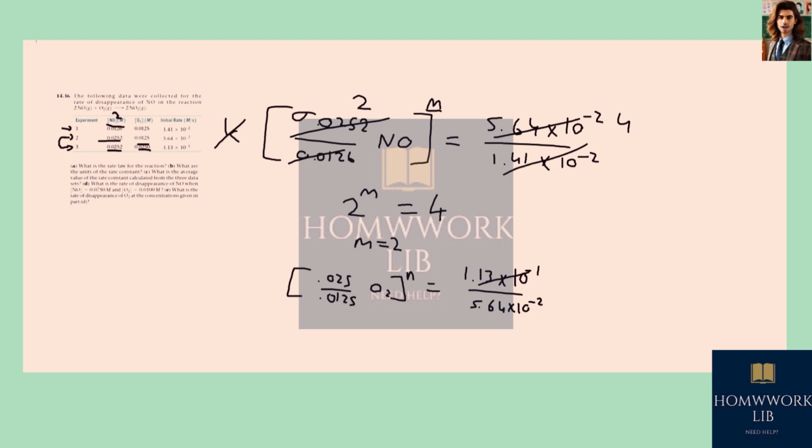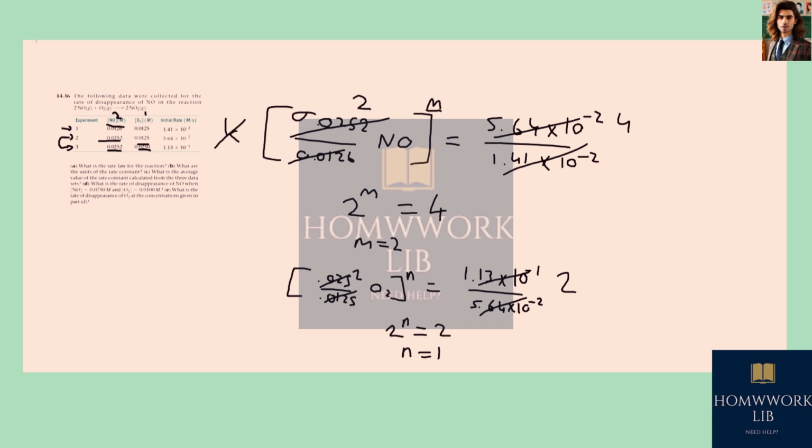Now this is twice as much of this, so I'm going to write 2, and this is twice the other value, so I'm going to write 2 here. 2 to the power of n would be equal to 2, so n equals 1. So it's first order with respect to O2.